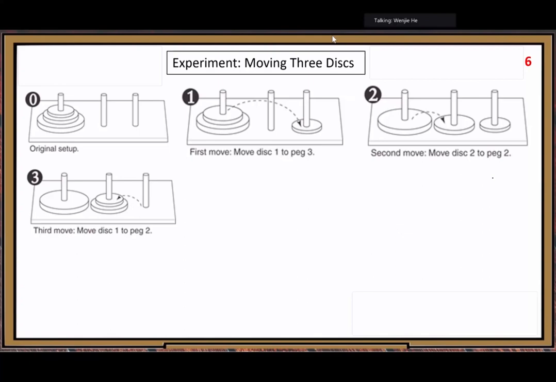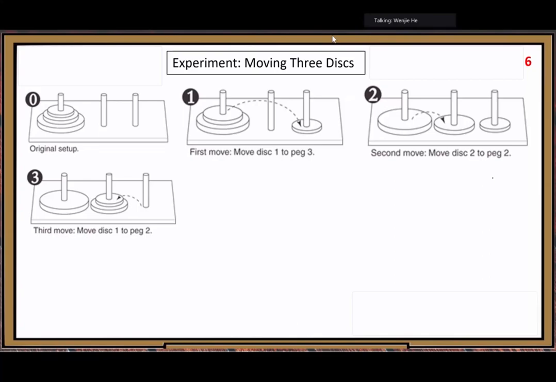So after this move, we need to think about it before we do the next move. We need to think about it a little bit. The current state, let's look at the current state. What do we get at this point?